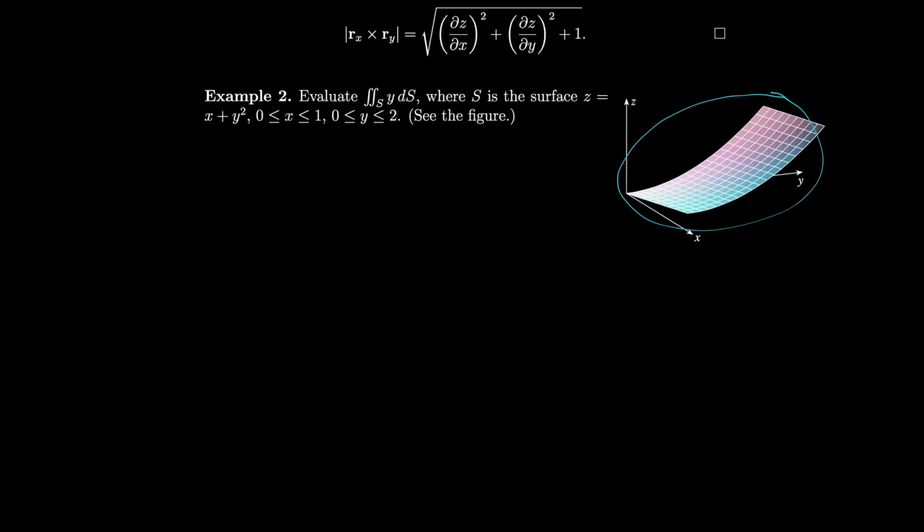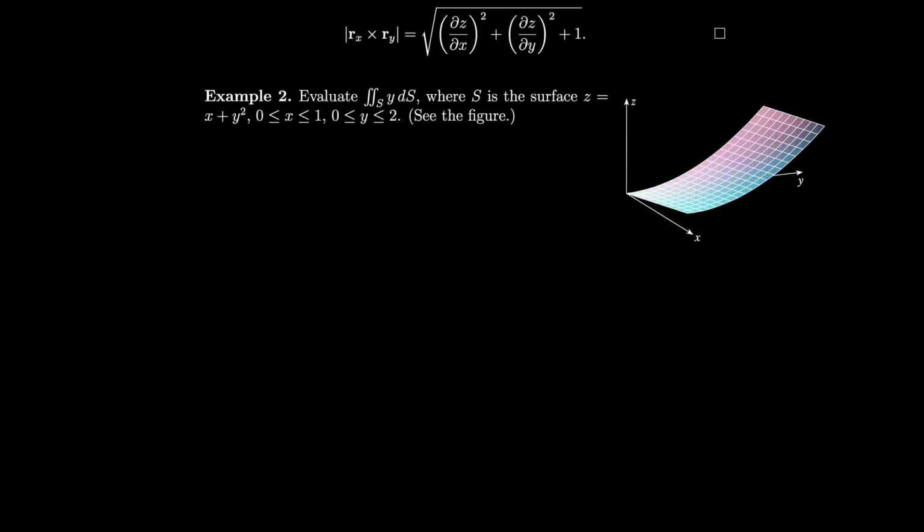The thing we're integrating is actually just y. But y is floating somewhere else, and then we integrate over this surface itself. So we're not just getting the surface area. The surface area is just one component of our surface integral. That's not just the interpretation of it in general.